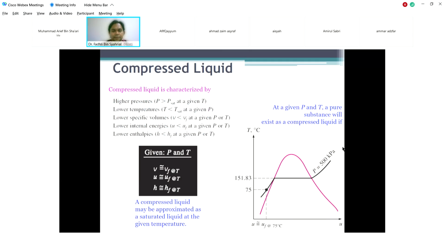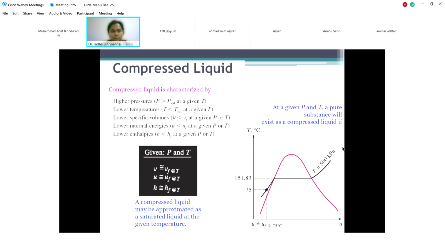let's look at the last phase. Ini phase yang kelima. Kita ada compressed liquid, saturated liquid, saturated liquid vapor mixture, saturated vapor, and tadi kita belajar superheated vapor. So now we are going to look at compressed liquid.